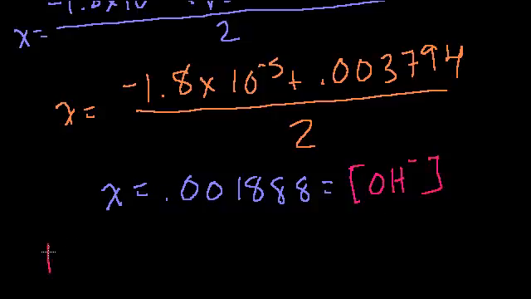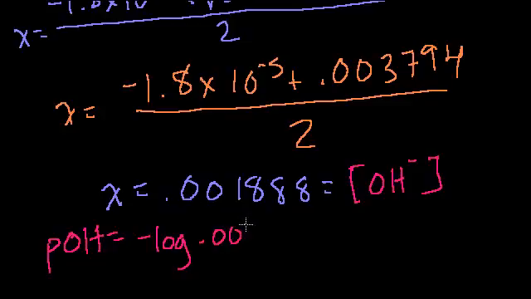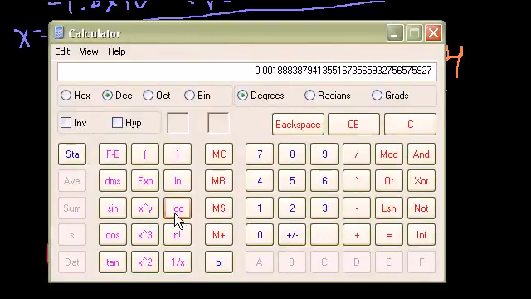Now if I want to figure out my pOH, I just take the minus log of this number. So let's just take the log of it. The log is that, and then I take the minus of that, so it's 2.72.